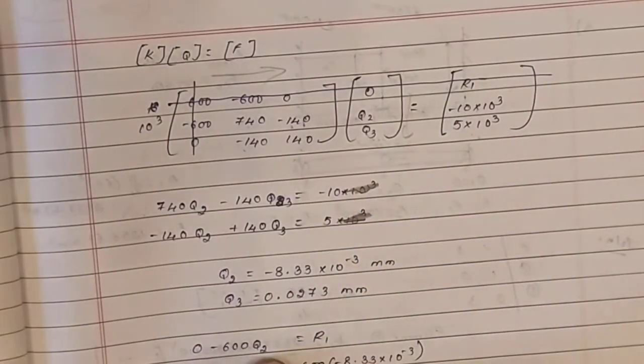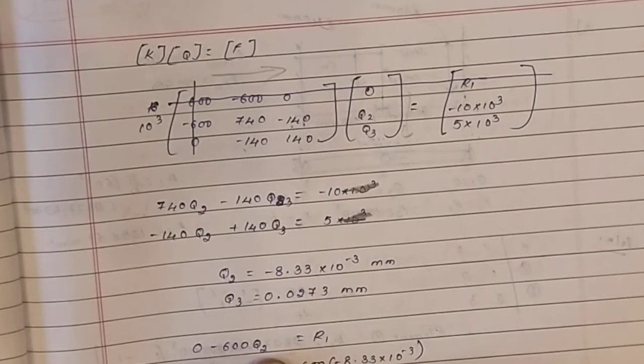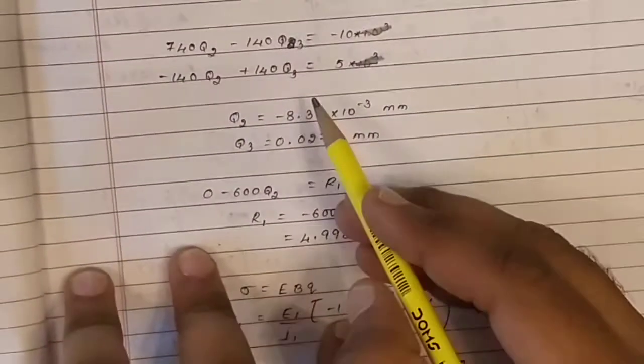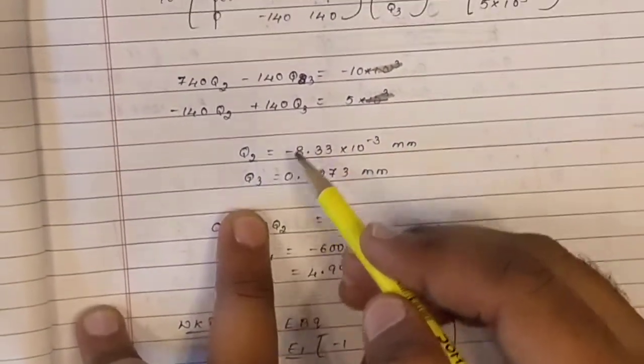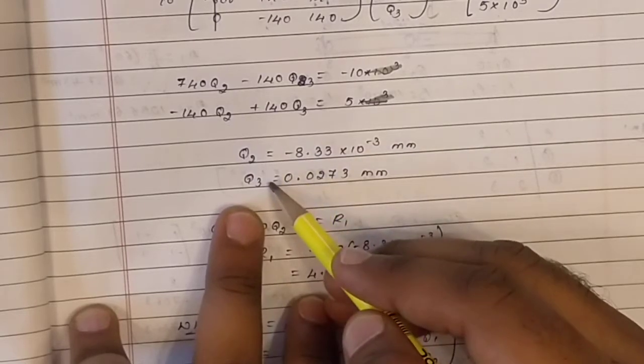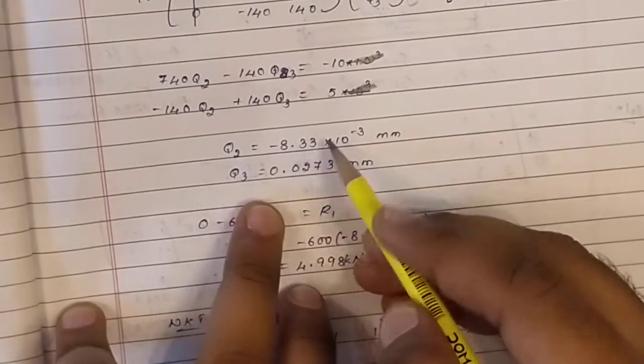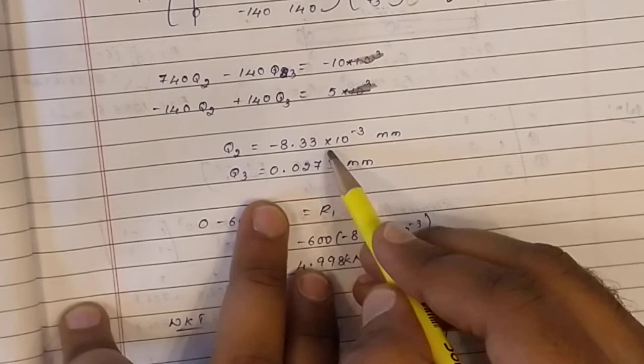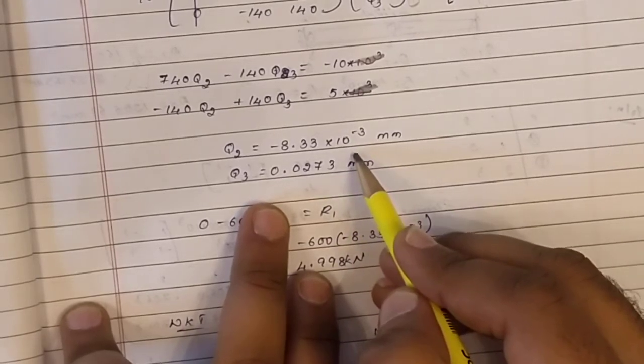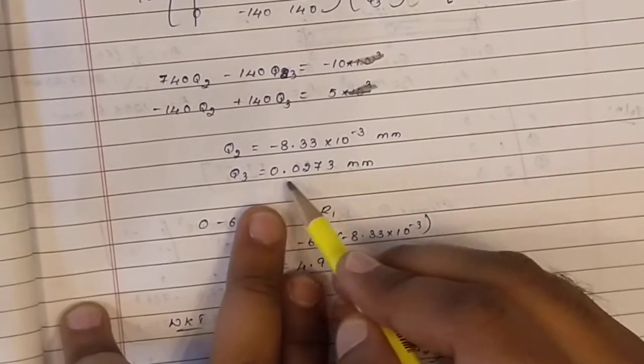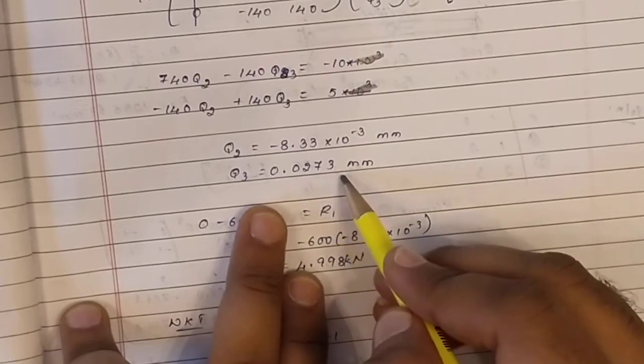Solve these two equations, you will get Q2 and Q3. So Q2 equals minus 8.33 into 10 power minus 3 mm. Q3 equals 0.0273 mm.